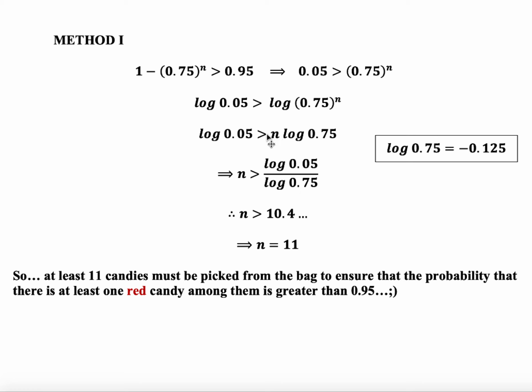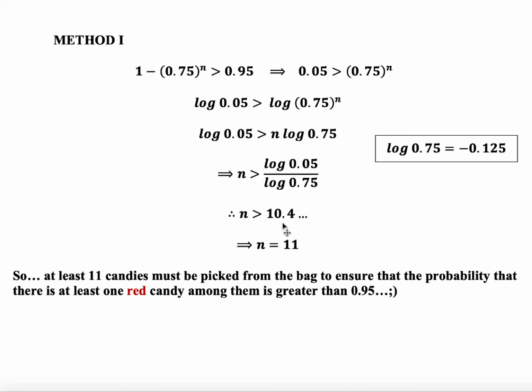So if you have a think and look more closely at what's going on here algebraically, and considering the reversing the sense of the inequality, as we say, because we're dividing both sides by a negative, here's where we are. So n's got to be bigger than whatever this is, this being the ratio of these two logs, which your GDC hands you around 10.4.